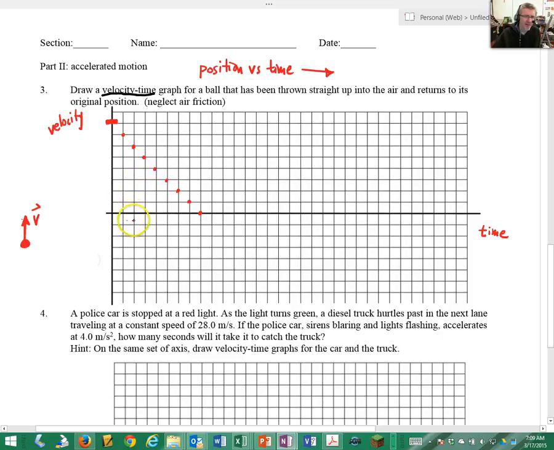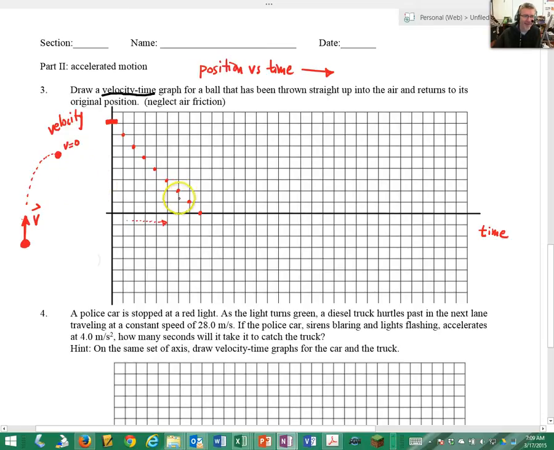So as time goes on, my velocity is getting less and less until my object gets to the top of its motion and it stops. So at the top, velocity equals 0. Every object that you've ever thrown up your whole life stops, turns around, and then comes back down.